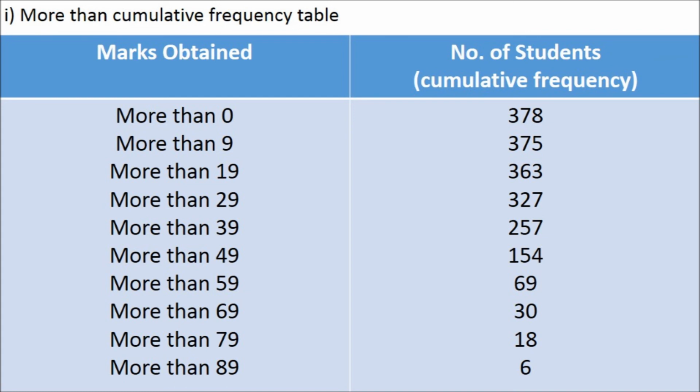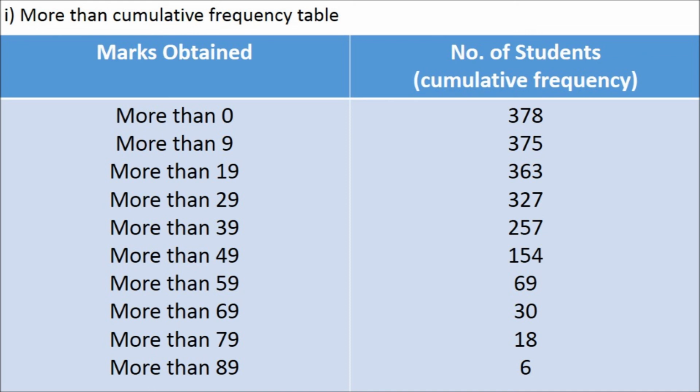For greater than cumulative frequencies, we add up the frequencies from below. For example, in our case, the class intervals are changed in more than type using the lower limits. Like for more than 0, in place of 0 to 10, the first frequency we add up all the frequencies, that is, it becomes 378.